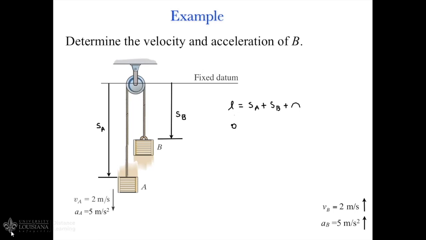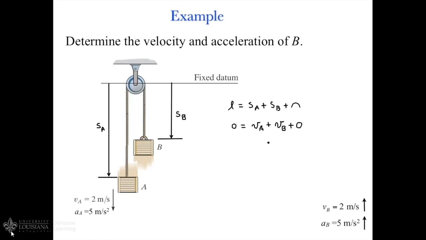Therefore, 0 will equal the derivative of this, which of course is ds sub A dt, or v of A. And that, of course, refers to the velocity of the crate at A. Now we have the same idea for B. ds sub B dt is v of B. And finally, the derivative of the arc length would be equal to 0.